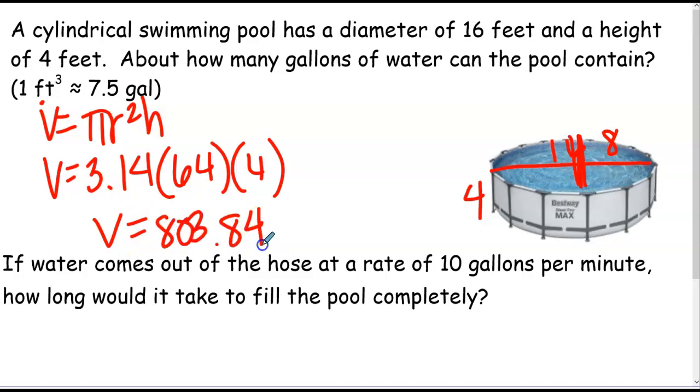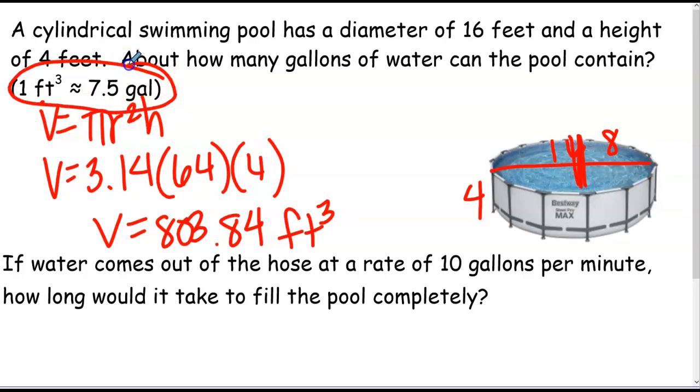Now that I have that, sorry, I'm not stopping those. And so what I'm going to do now is I need to take this. This is feet cubed. So I need to then figure out how much water is in there.